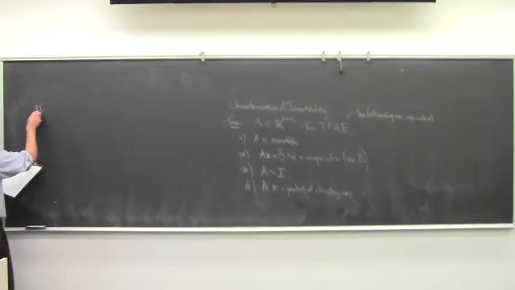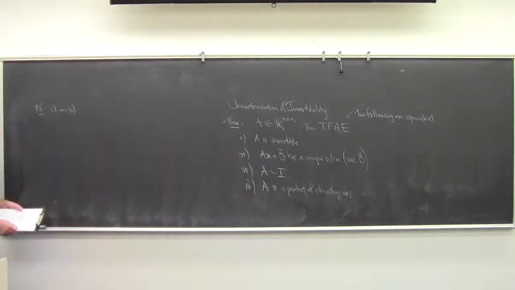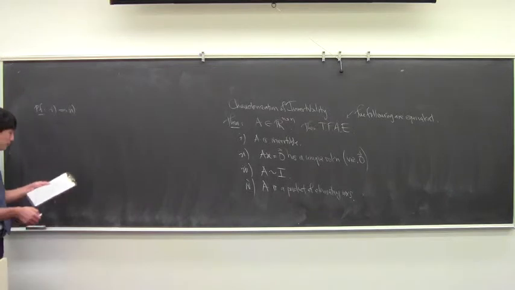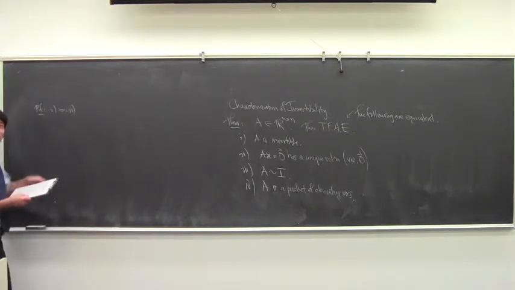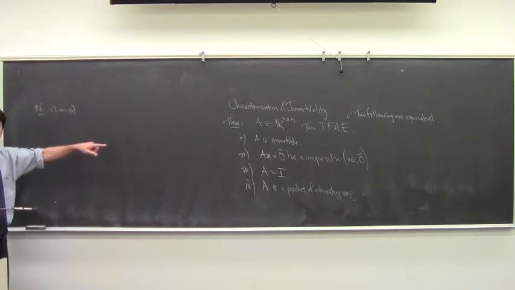Proof, one implies two. If A is invertible, then AX equals 0 has a unique solution. That's obvious.